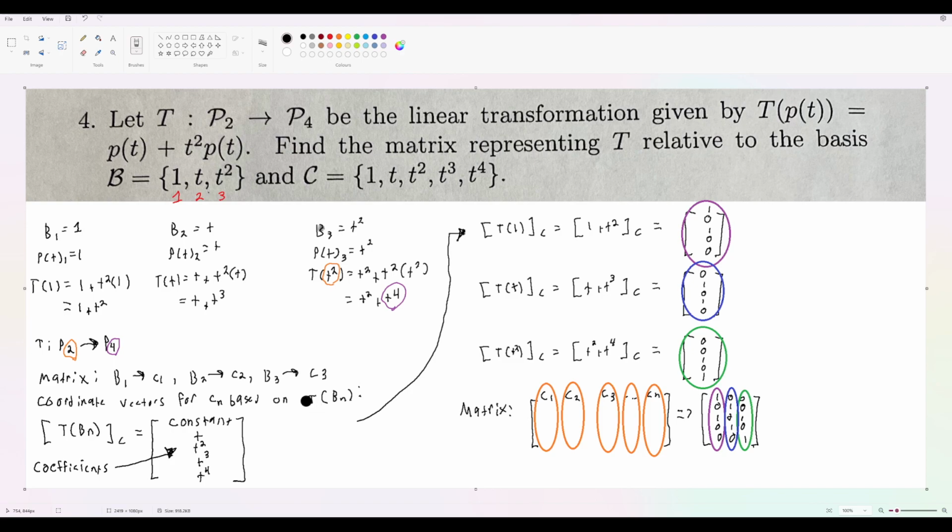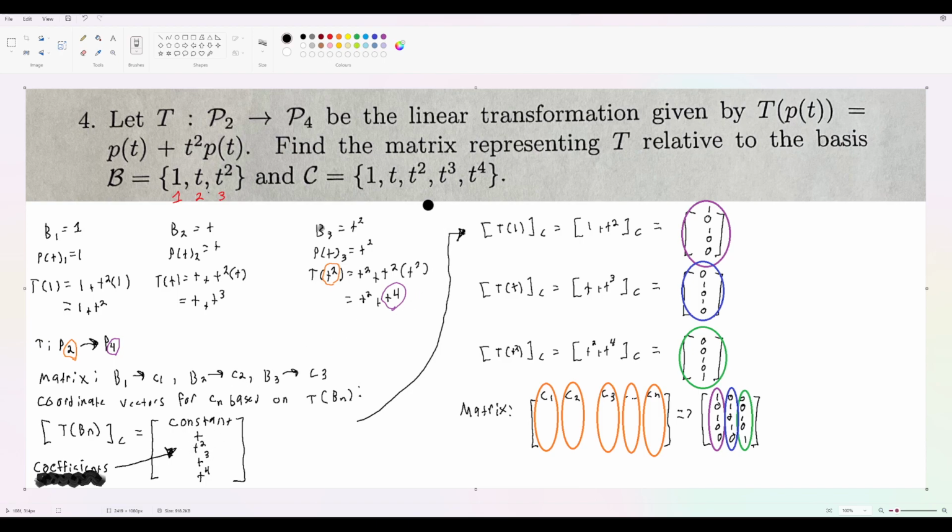How we would define that is with the square brackets for T(bn) with respect to our coordinate basis vectors for C. Since C is with respect to P4, we're going to have a constant, first degree, second degree, third degree, all the way up to fourth degree. And we store those as our coefficients with respect to each of these variables.